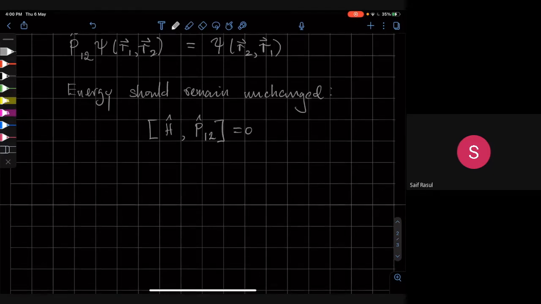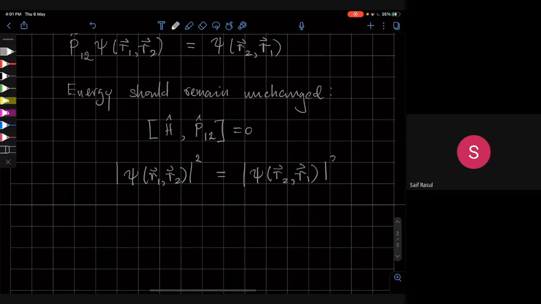So we also expect the probabilities of the particles to be unchanged under this exchange. Which means that if I take psi(R1, R2) and take its mod squared, that should be equal to the mod squared of psi(R2, R1). Okay.